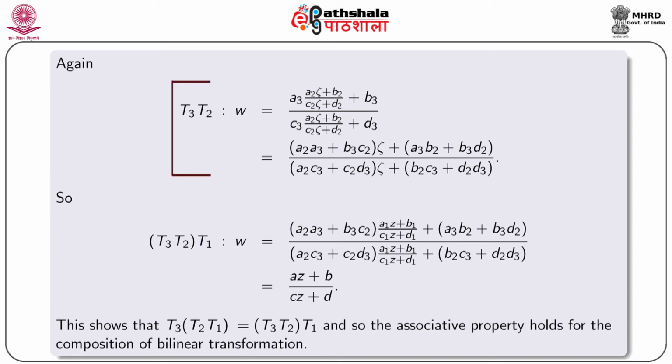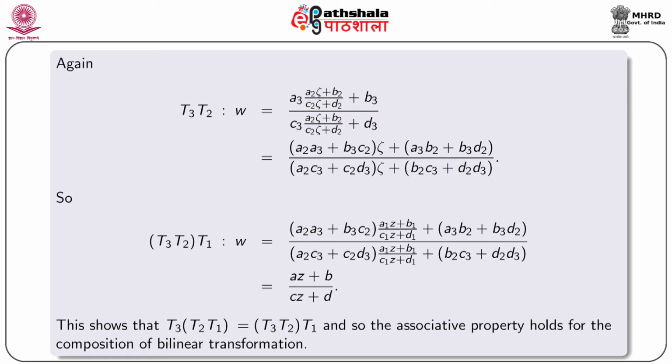Also, T3 T2 is given by w equal to [(A2 A3 plus B3 C2) zeta plus A3 B2 plus B3 D2] by [(A2 C3 plus C2 D3) zeta plus B2 C3 plus D2 D3], and from this we obtain T3 T2 of T1 is w equal to (Az plus B) by (Cz plus D), where A, B, C, D are same as above.